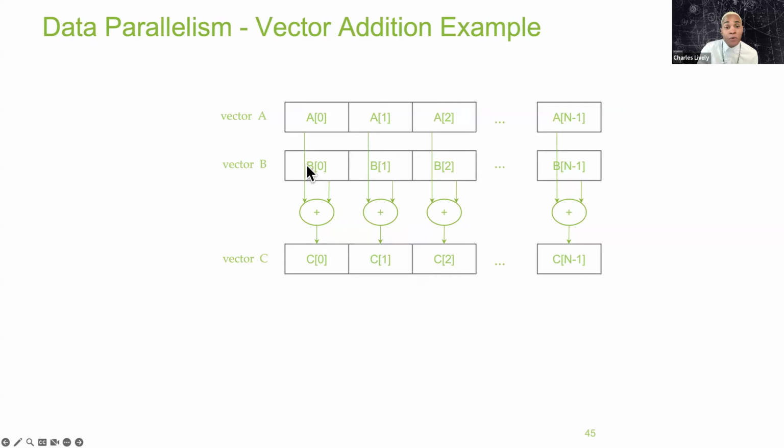You're going to add the corresponding elements of each vector together, and then that result gets stored into vector C for each index. So this is a typical example of how a GPU would be beneficial when you have to do similar operations contiguously upon data points that can be quickly stored in a GPU core for quick access.